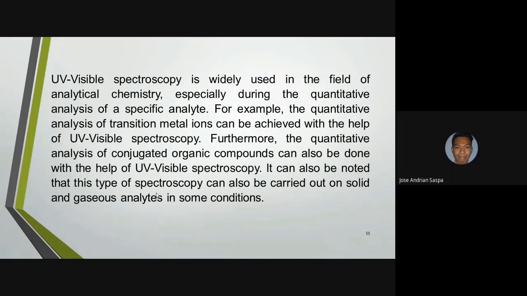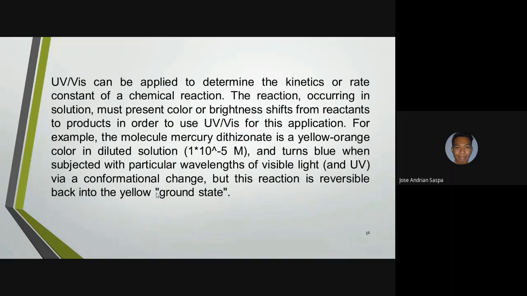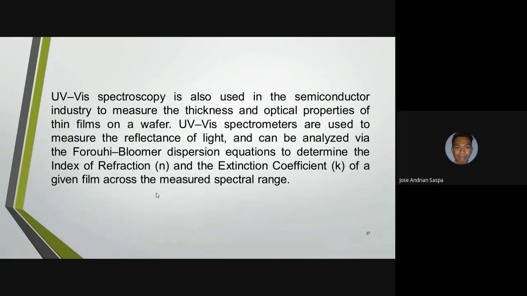And then UV spectroscopy can be applied to determine the kinetics or rate constant of a chemical reaction. The reaction occurring in solution must present color or brightness shifts from reactants to products in order to use UV spectroscopy for this application. UV spectroscopy is also used in the semiconductor industry to measure the thickness and optical properties of thin film of wafer.